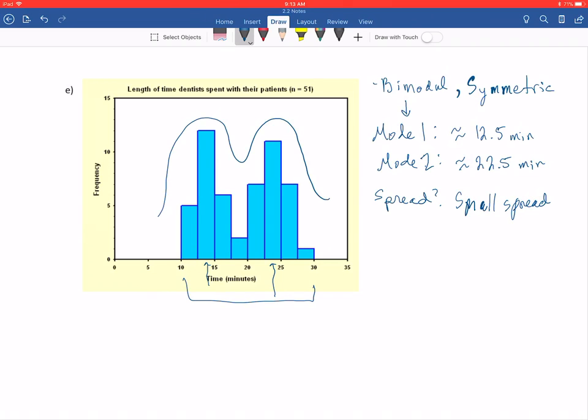Now, commenting on this bimodalness, the idea that's coming to my mind is that there's probably a bit of a difference between these patients down here and these patients here. I am guessing, again, this is just a guess, I don't have anything to back this up, that these are probably just checkups, just cleanings, routine things like that.